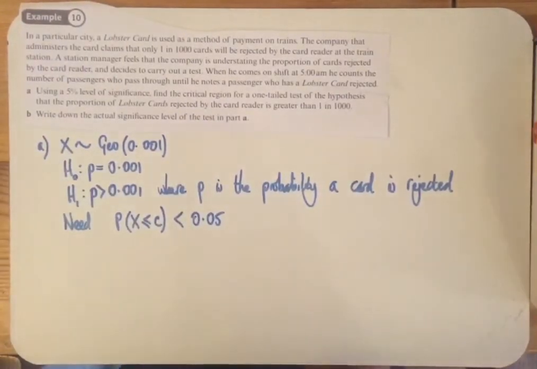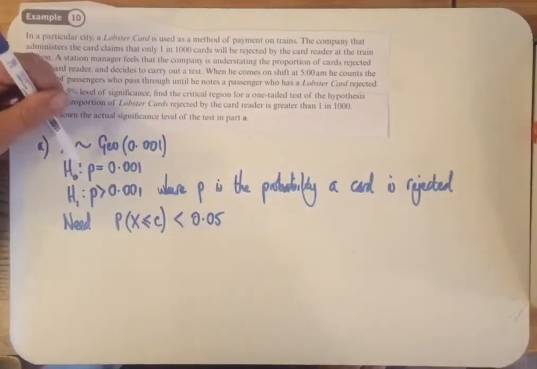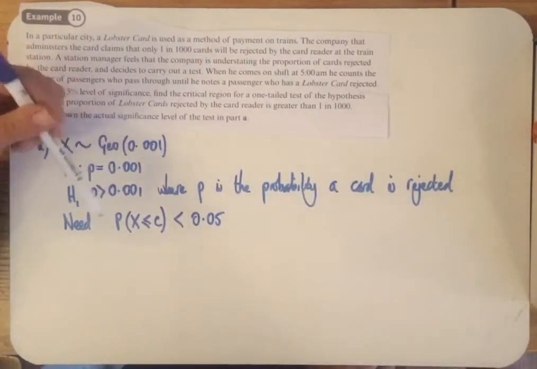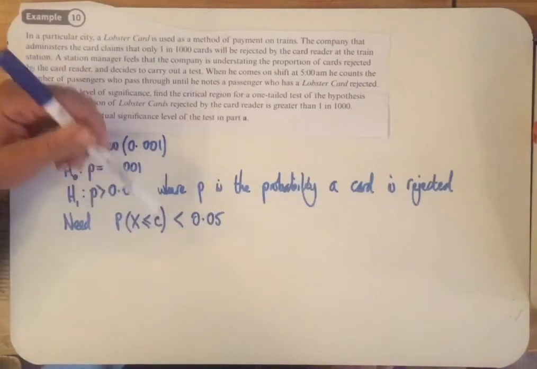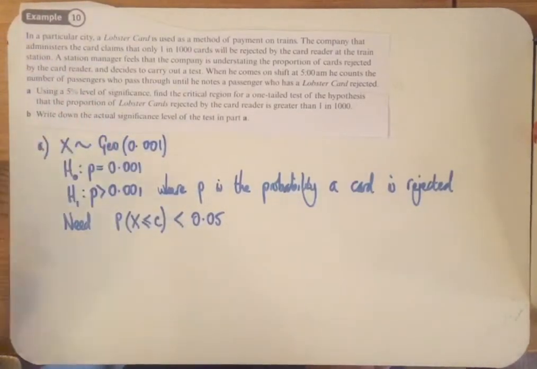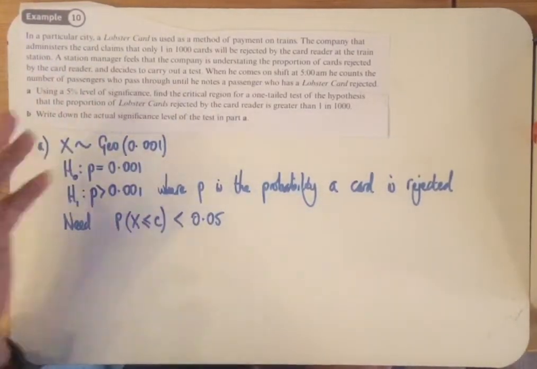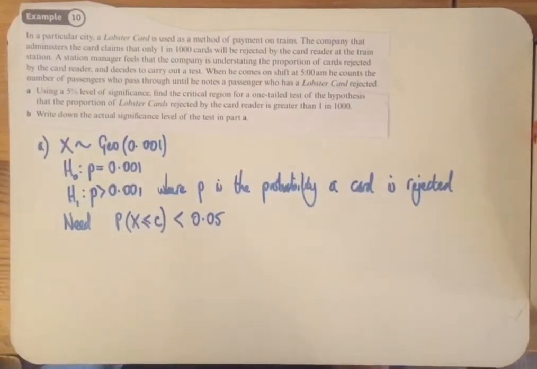So you're basically saying if P is 0.001, then the probability I get a result this extreme, so i.e. you get your rejection quite soon on, we want that probability to be less than 5%, in which case you say actually that was too soon, I'm going to accept the alternative. Any problems with that logic you need to tell me, and I'll try and reword it as best as I can.